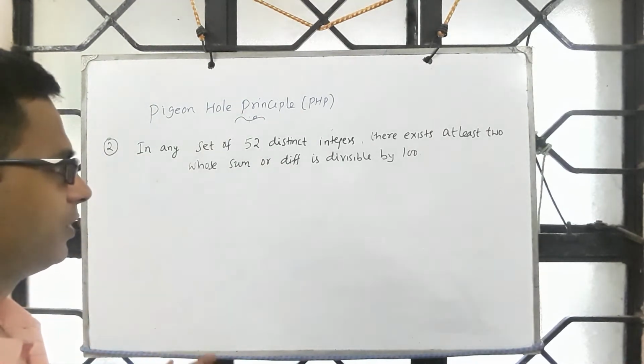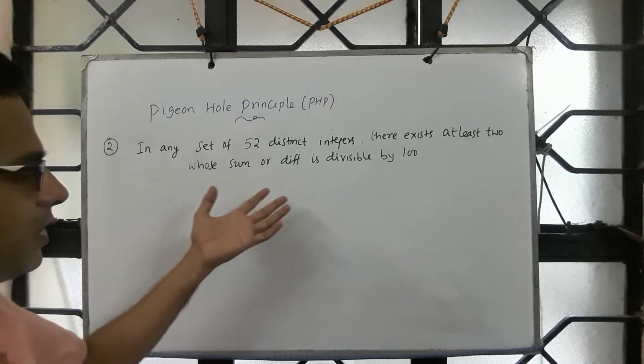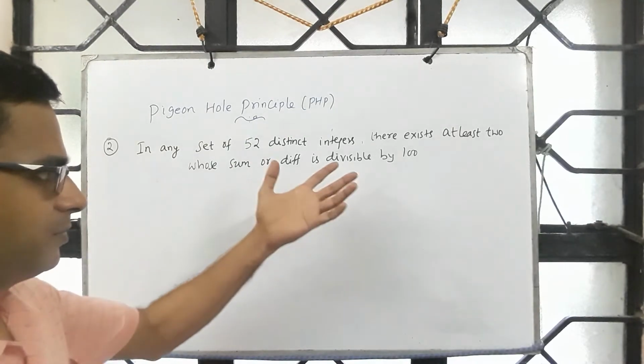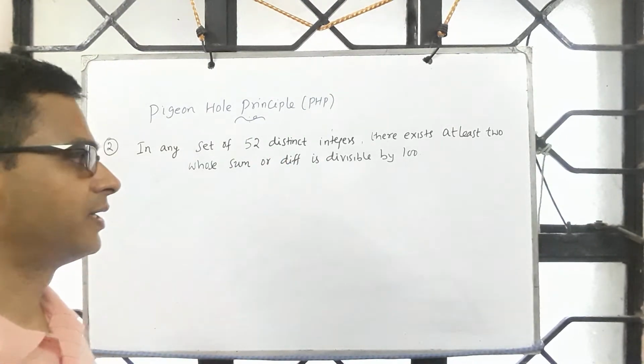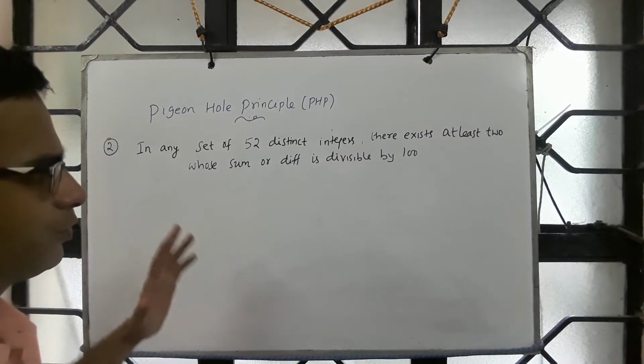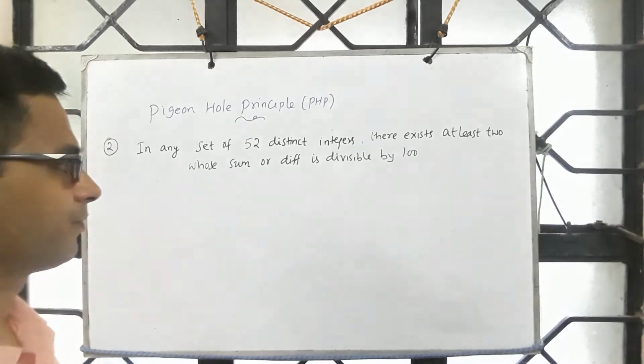Suppose you take 1 to 52 itself, then you have 51 and 49 and their sum is divisible by 100. And so it says it is true for any set of 52 integers.